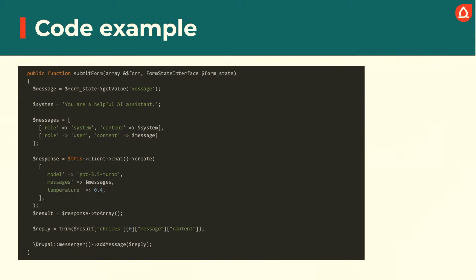We take the message typed in the input field and the system message, which primes the AI, and we send in both the system message and the user message. We call this function and get the response. We have to walk around a bit in their response array, and then we can display the message to the user.